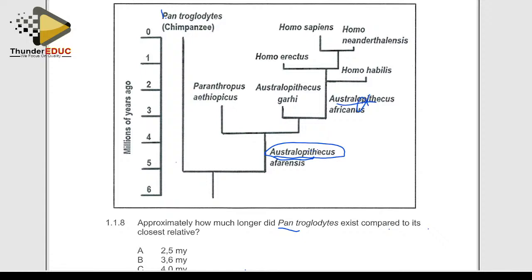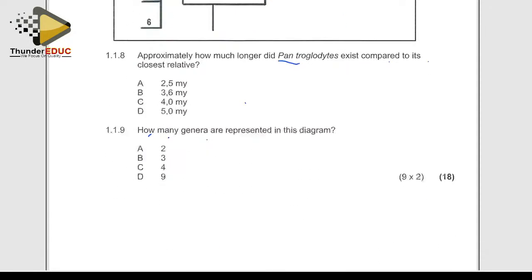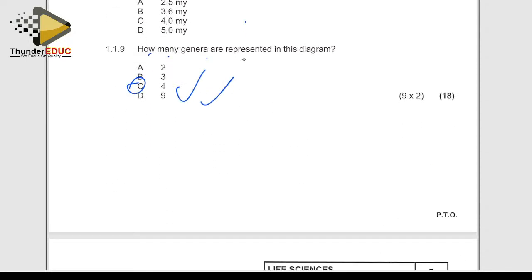So it's 1, it's 2, 3, yeah, it's 4. I'm seeing Pan 1, Paranthropus 2, Australopithecus 3, and Homo 4. Do we have a 4 there? Yes. So C becomes the most correct answer. Let me check and see if you have any challenge there. No challenge, and then we continue.